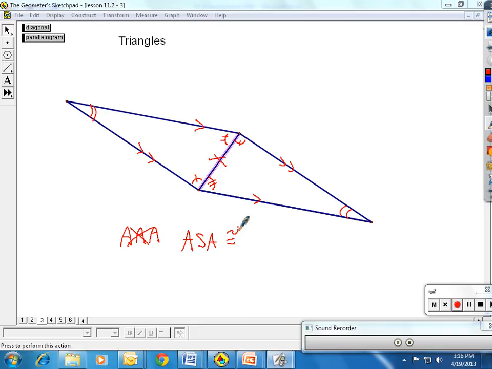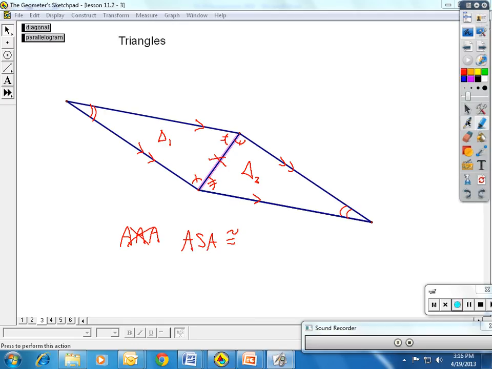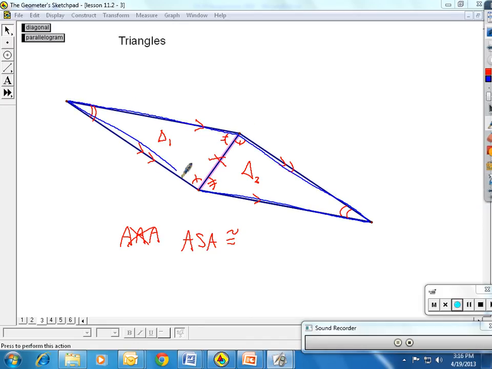So, if triangle 1 and triangle 2 make up the entire parallelogram, and these two triangles are the same, then to find the area of the triangle, I should be able to take the area of the parallelogram and divide it by 2, since two congruent triangles are formed out of the parallelogram.